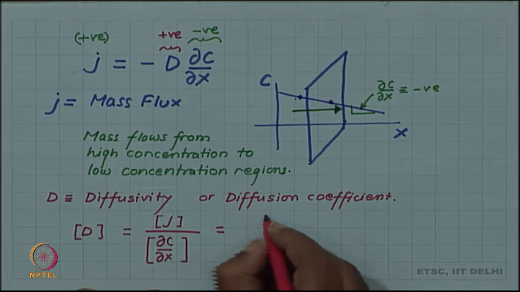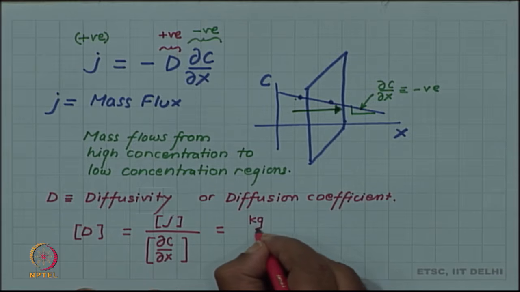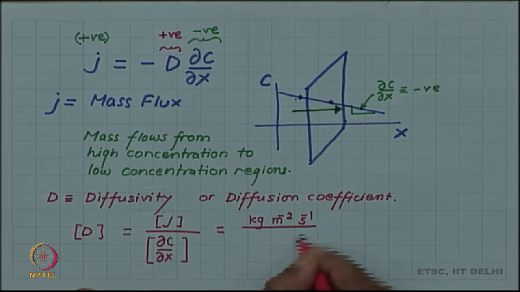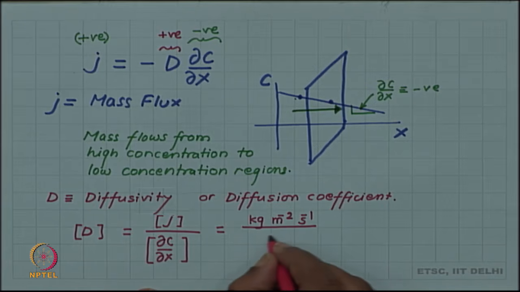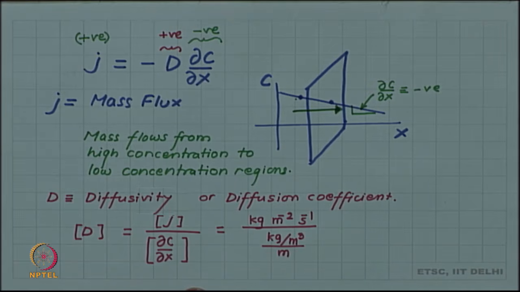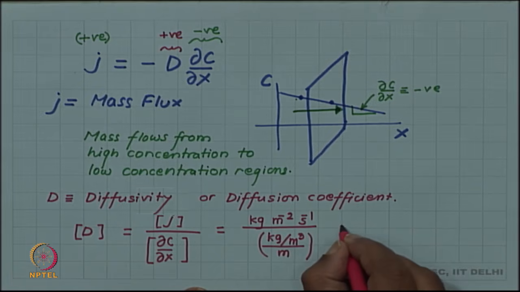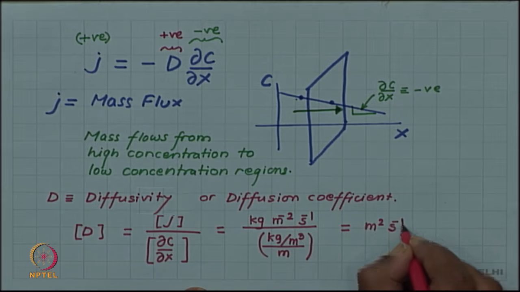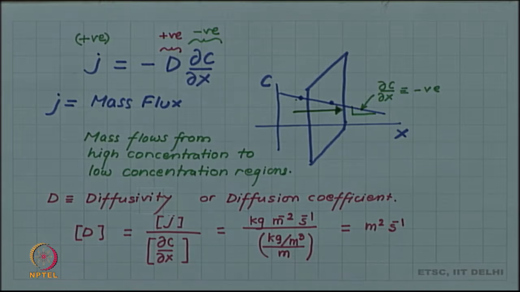If we write it in terms of units, J is kg per meter square per second, and for the concentration gradient, I insisted that if we want D to be meter square per second, concentration should be the volumetric concentration. So, in this case it should be kg per meter cube, but since it is a gradient, one more meter in the denominator comes. If you work this out, it will be simply meter square per second.